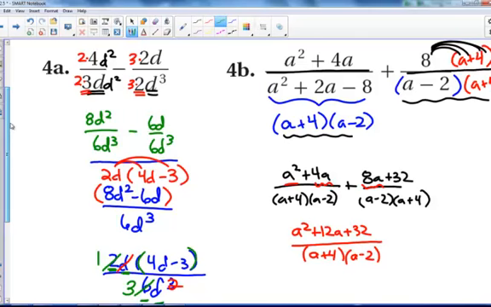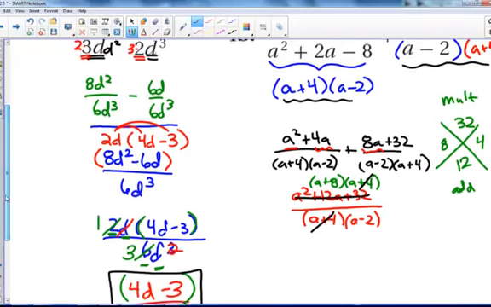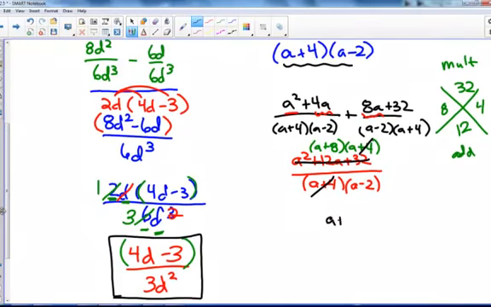Factoring the numerator to see if I can cancel something. Two numbers that multiply to give 32, that add to give 12. 8 and 4. So this is a plus 8, a plus 4. I have an a plus 4 in common. I can cancel that. So my final answer is a plus 8 over a minus 2.